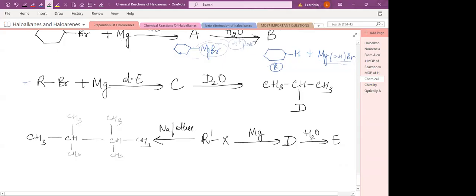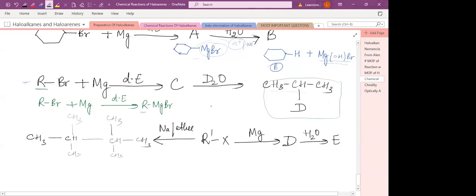See, what is here? We have RBr. We have to check what is R. Suppose this RBr plus this Mg, when you treat it in the presence of dry ether, you will get RMgBr, but you don't know what R is over here. You only know this product, so you can compare this product with your R.